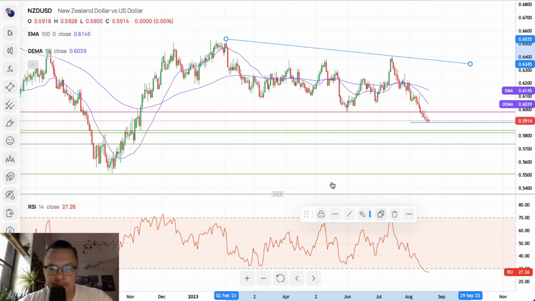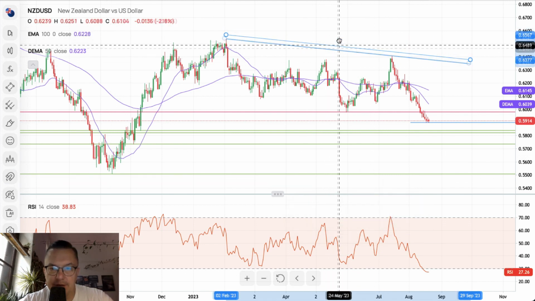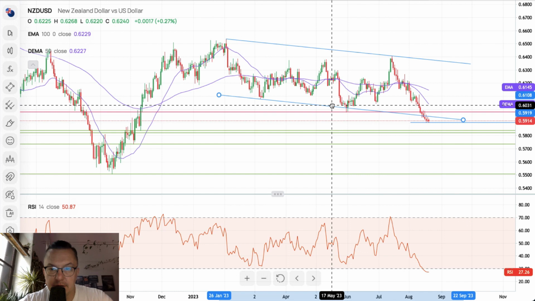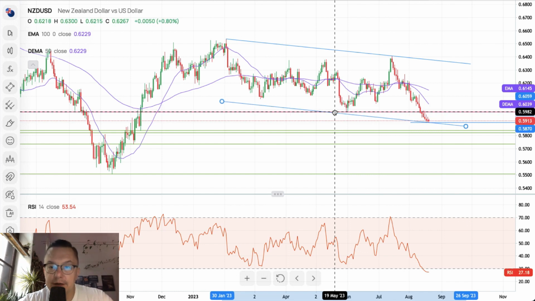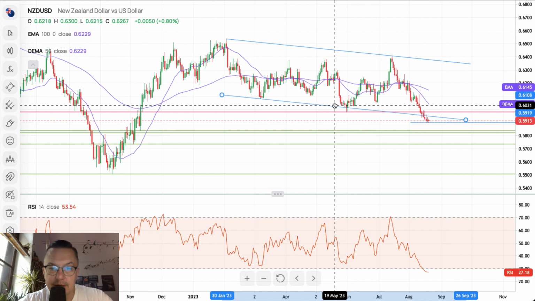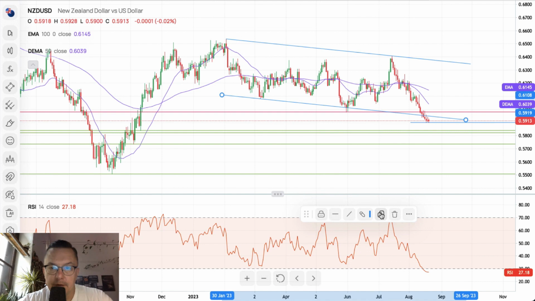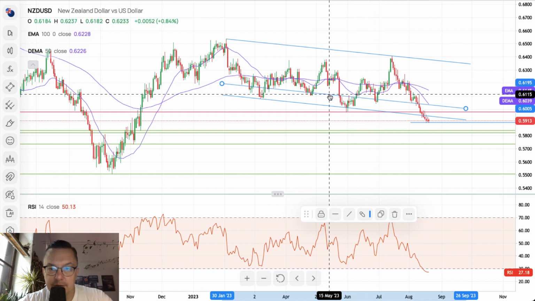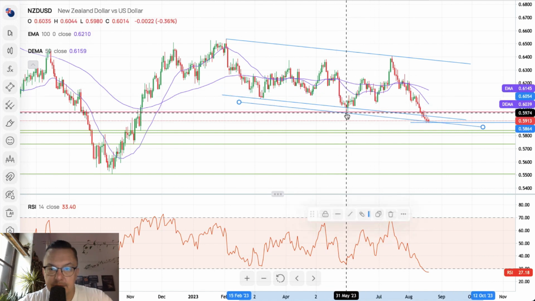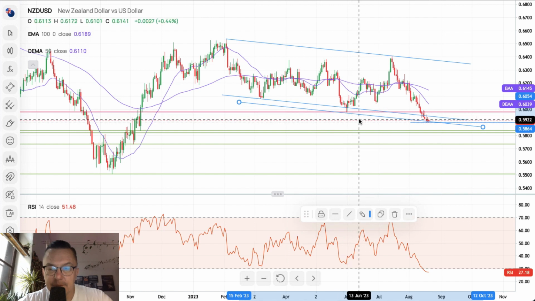Let's just take a look if there's some kind of a maybe channel. No, it doesn't look like a channel at all. If it is so, then we just broke below this channel. So that was the previous channel line, okay, and that's the new one, because if we take the extremes into the consideration, this is how it basically looks like.